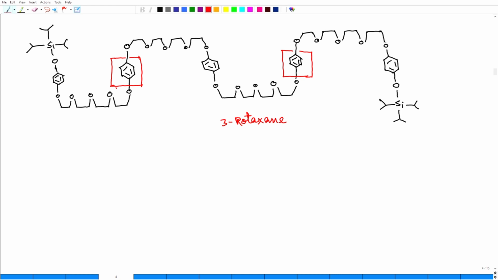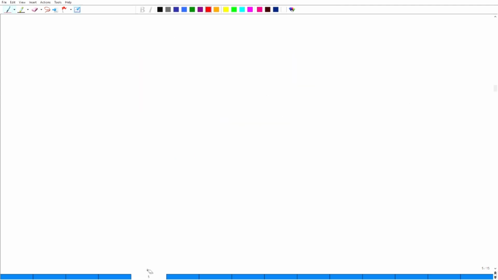In a similar manner, I can draw this. Remember the stopper. I think drawing is important. At least one arm I am drawing; there are 3 arms which I am not drawing. So, let me draw only this arm.